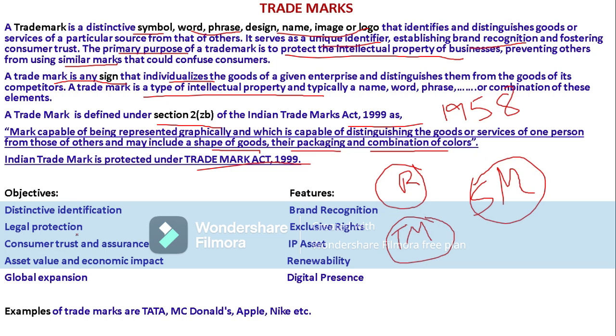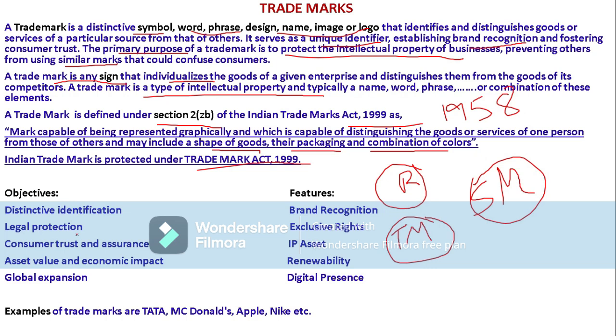All these are the crucial elements for the sustained success of business in today's dynamic and competitive markets. For this we need trademarks. Trademarks safeguard the seller, they protect the seller.